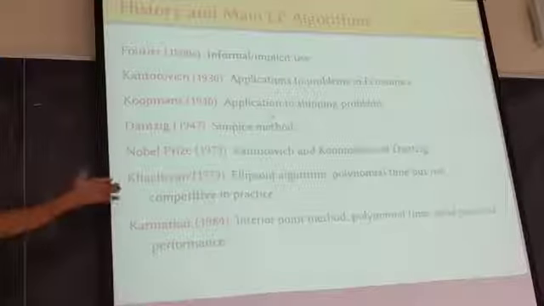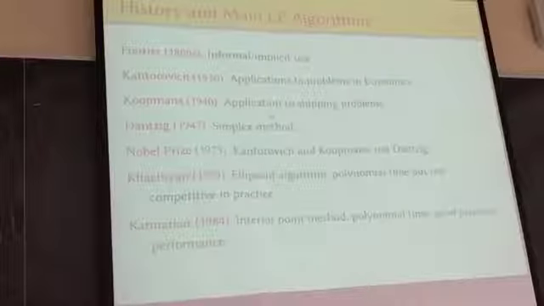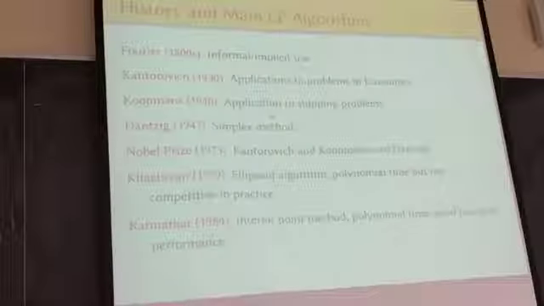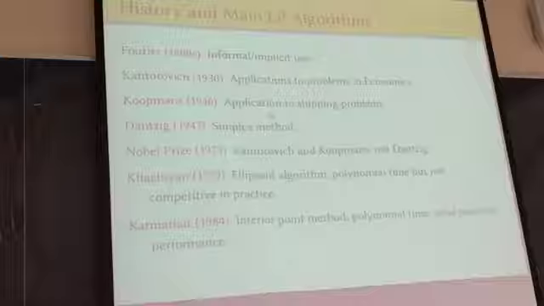Later on, because simplex is an exponential algorithm, people were looking for polynomial time algorithms. So in 1979, the ellipsoid algorithm was discovered. It's a polynomial time algorithm, but it was one of those theoretical algorithms which didn't produce very good performance in practice.